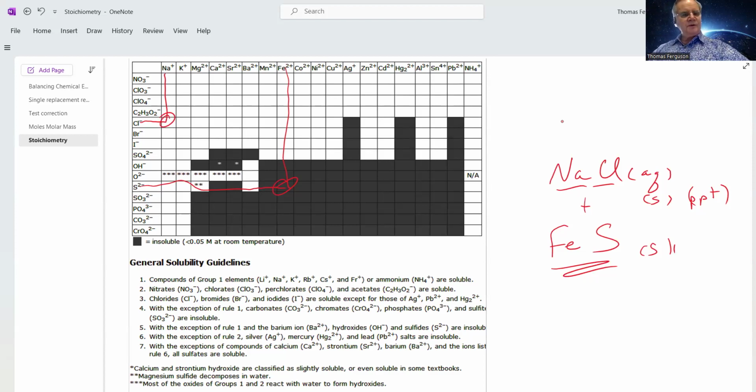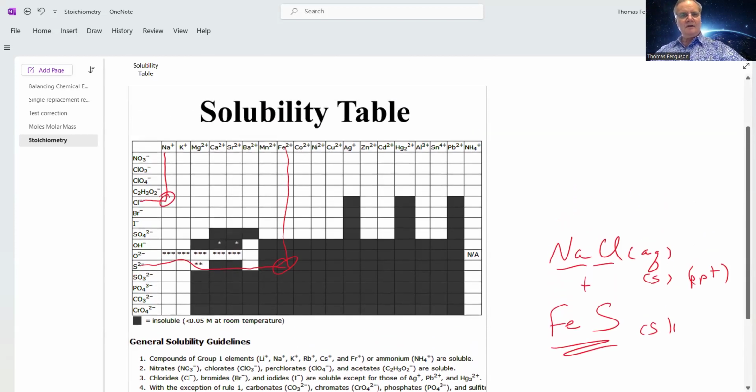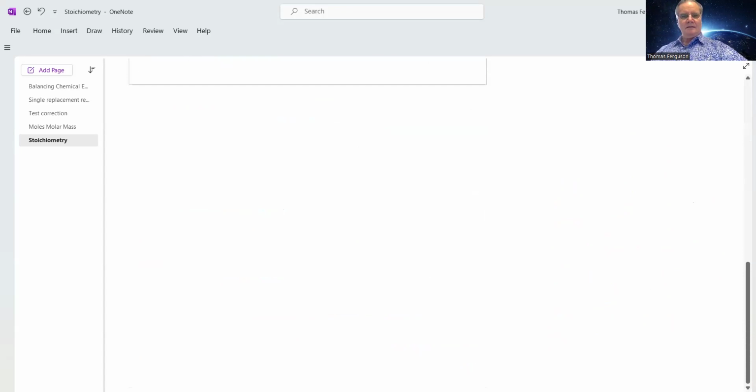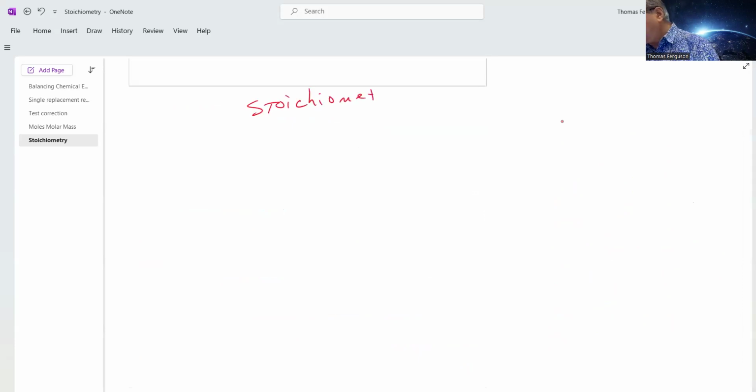All right. This is a fancy word for what the rest of this unit is going to be about, stoichiometry. And who has heard of stoichiometry? Anyone? A couple of you.